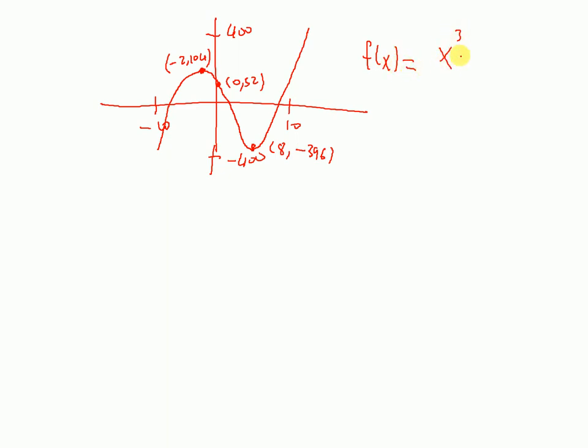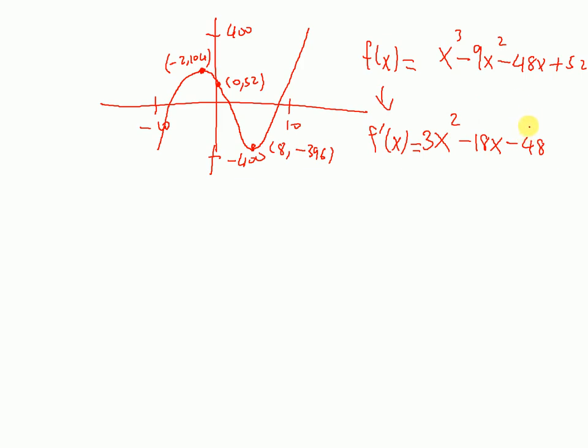X cubed minus 9x squared minus 48x and then plus 52. Now use your skill to find the f prime, and from chapter 3 we use the power rule, right? Bring down the 3, subtract 1 from that, and then again bring down the 2, subtract 1 from that, and it should give you this function for the first derivative.